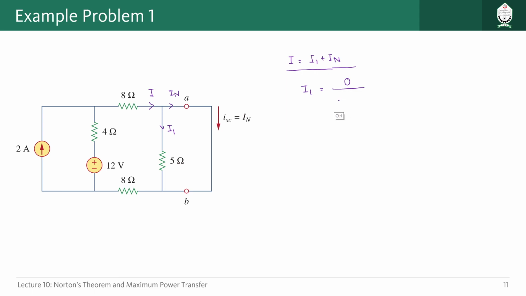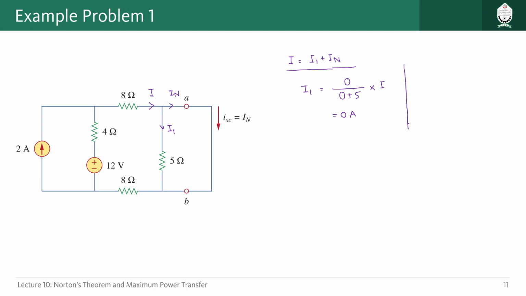So we write 0 over 0 plus 5 multiplied with the total current I. So this is 0 ampere. So 0 ampere current should flow through this 5 ohm resistor. I1 is equal to 0 ampere.